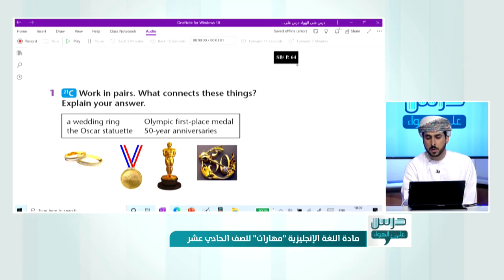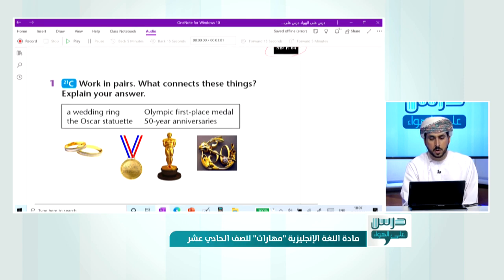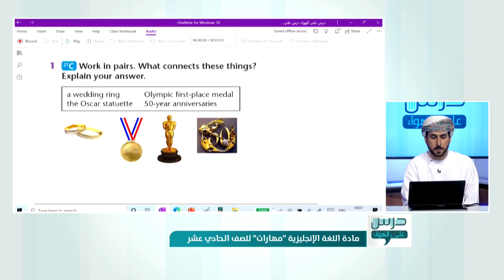So open your book, page 64, and look at question number 1. Work in pairs. What connects these things? Explain your answer. So what is the relationship between these 4 things? What is the common thing between them?